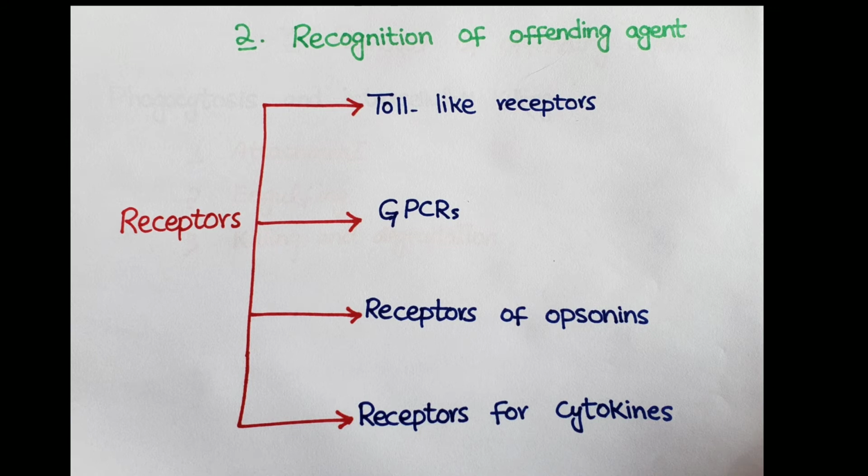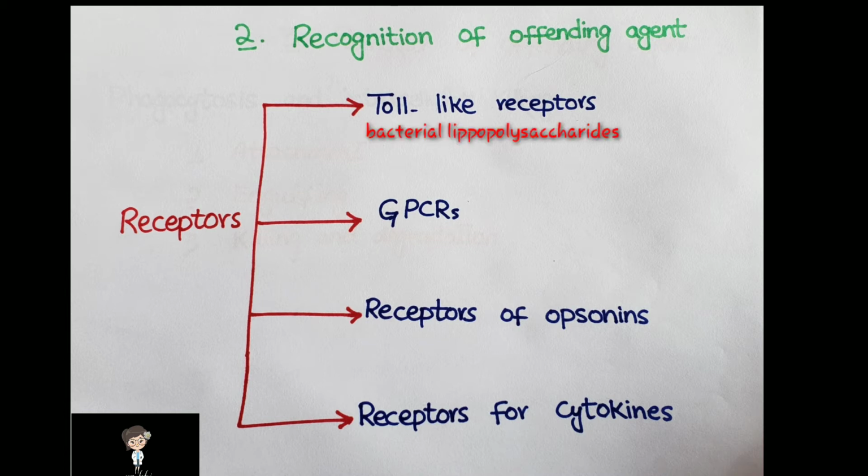Now, the second step of cellular events is recognition of offending agents. There are certain receptors to identify offending agents. Toll-like receptors recognize bacterial lipopolysaccharides, bacterial peptidoglycan, and double-stranded RNA in viruses.